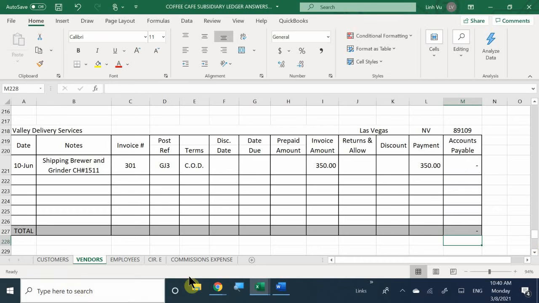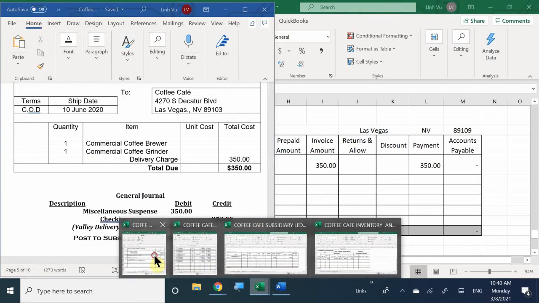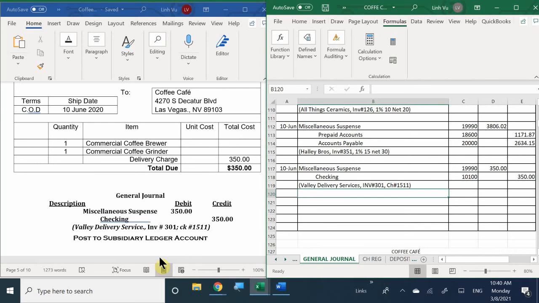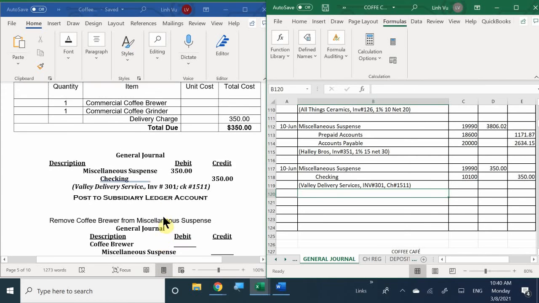So now that I've completed the subsidiary ledger, there's nothing else that I have left to do. So then what has happened here?